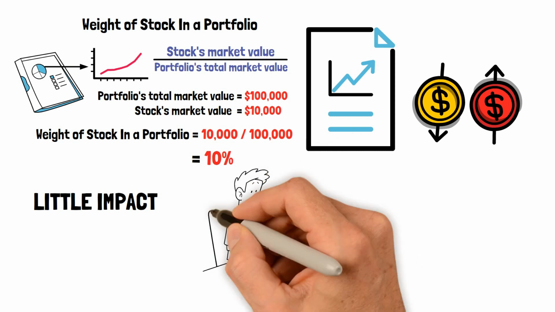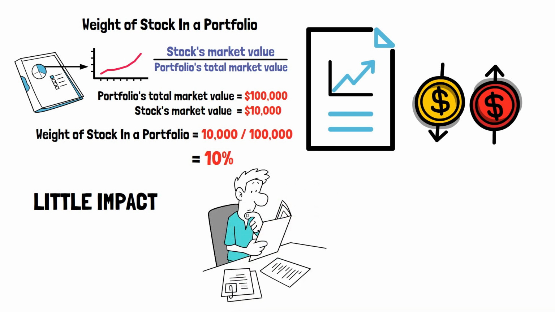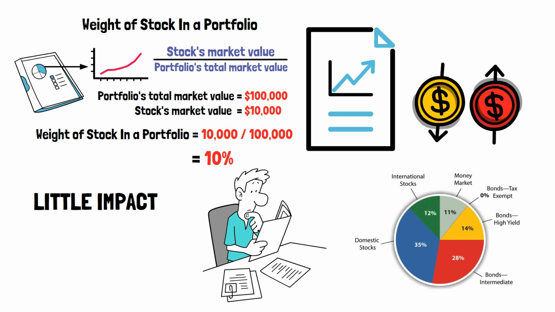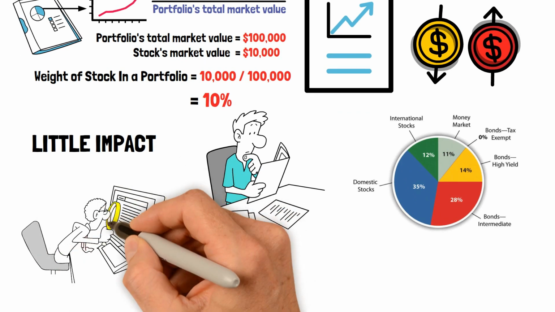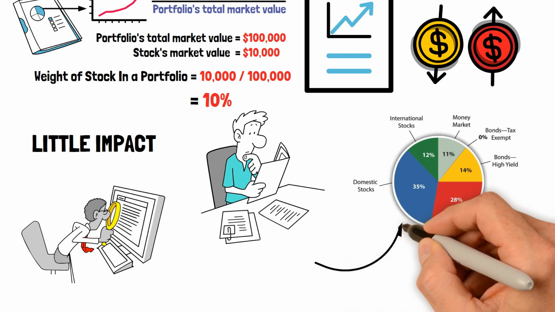Investors use the weight of a stock in a portfolio to determine the level of diversification in their portfolio. Diversification is the practice of investing in a variety of assets in order to spread risk and reduce the impact of individual stock fluctuations on the portfolio. By monitoring the weight of individual stocks in a portfolio, investors can ensure they are not overly concentrated in a single stock or industry and maintain a diversified portfolio.